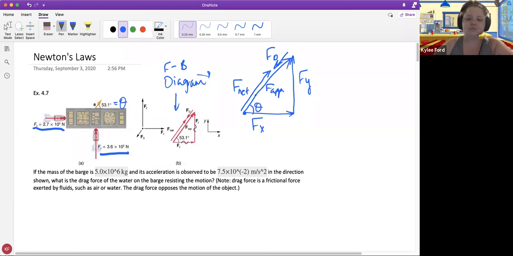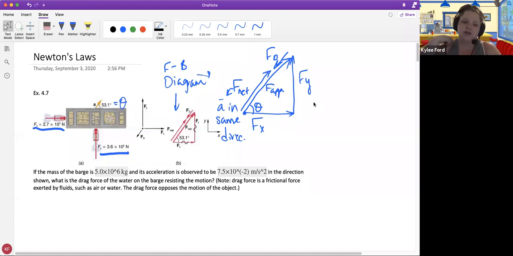So our acceleration is in the same direction as our net force. So acceleration in same direction, I'm just going to write that down. Okay, so hopefully that made a little bit of sense. If not, I would suggest to pause the video and think about it a little bit. Maybe try to recreate that on your own.